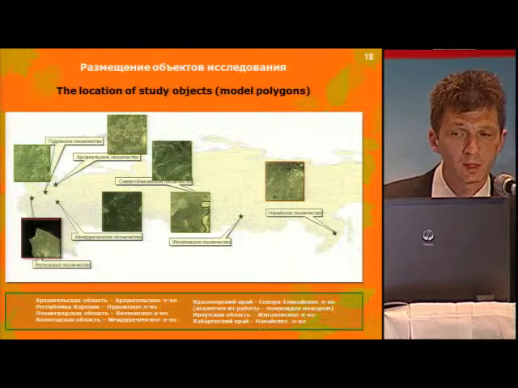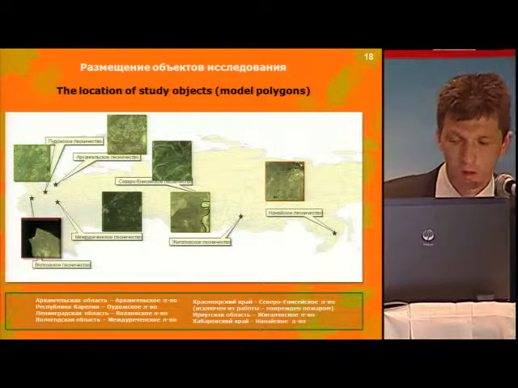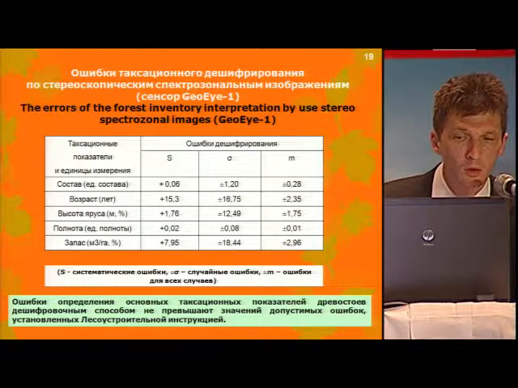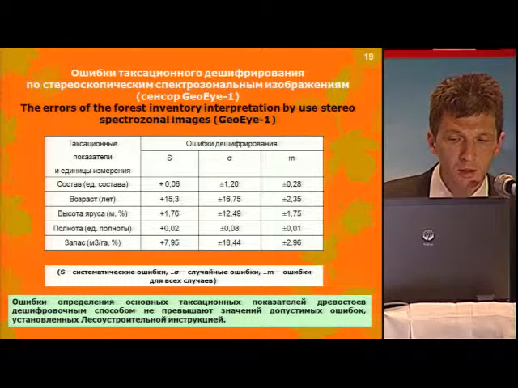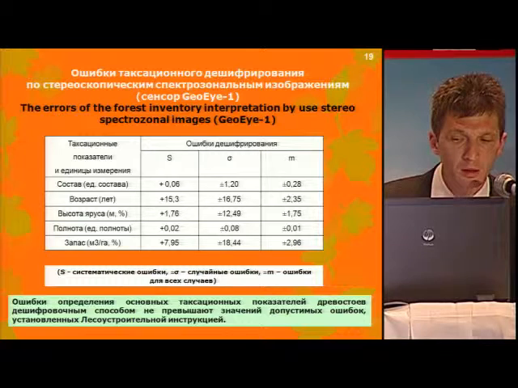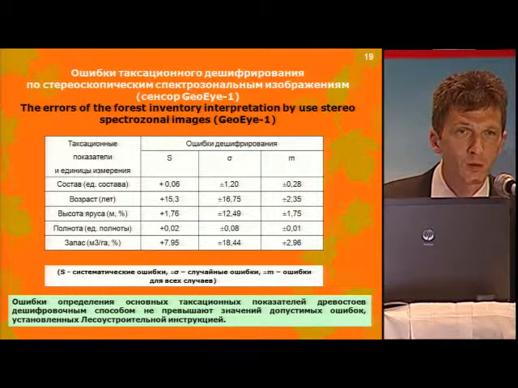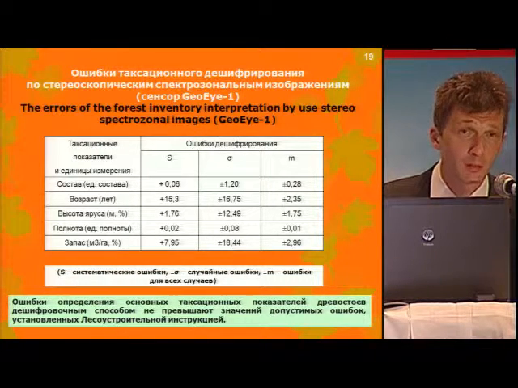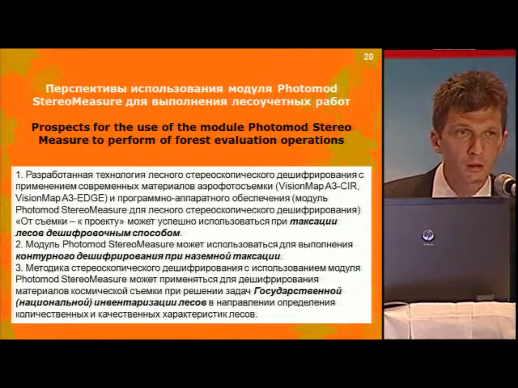We did interpretation of the images for GOI satellite images, and we compared it with the known results of land-based taxation. The errors, which are shown here, are quite optimistic. They're within accessible errors according to our forestry instruction, meaning that this method can be used quite easily.